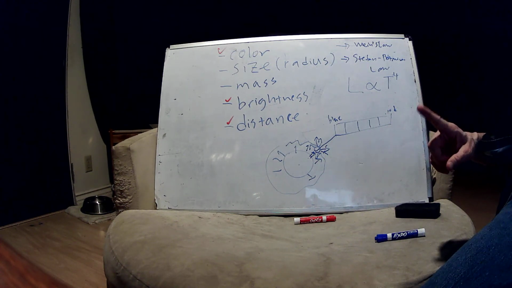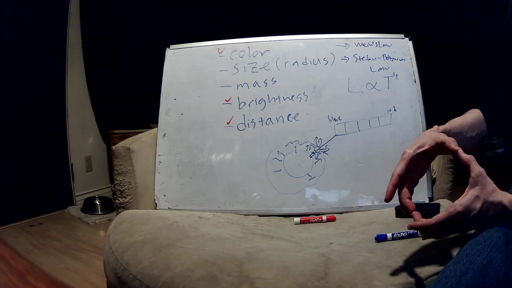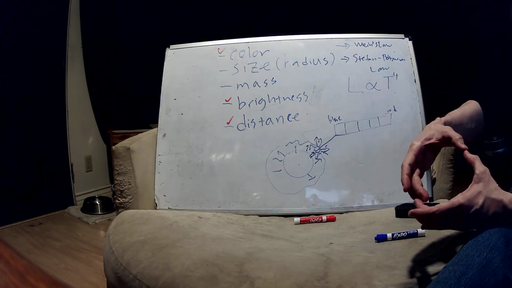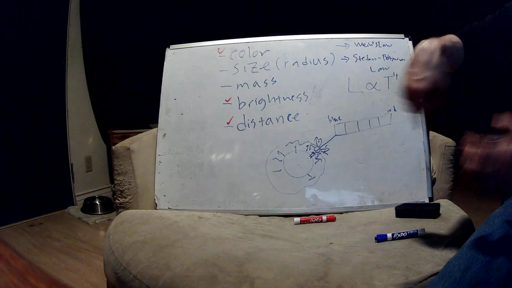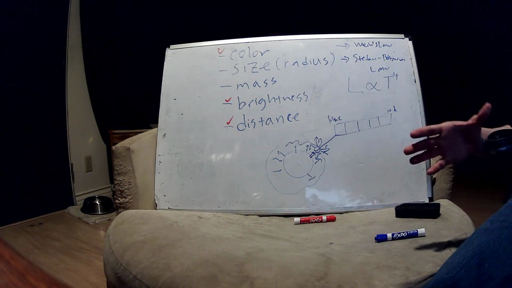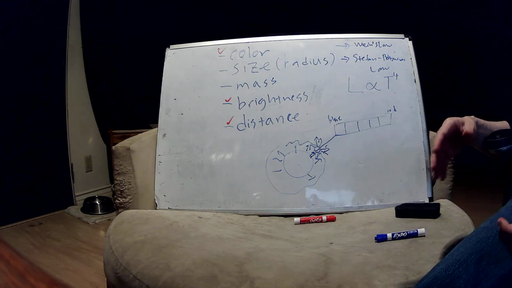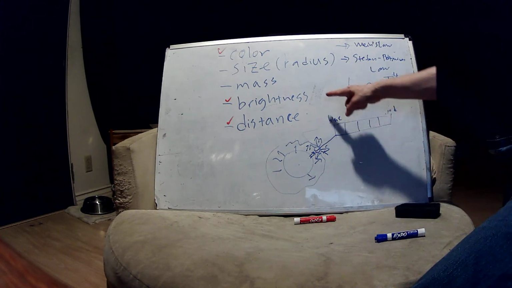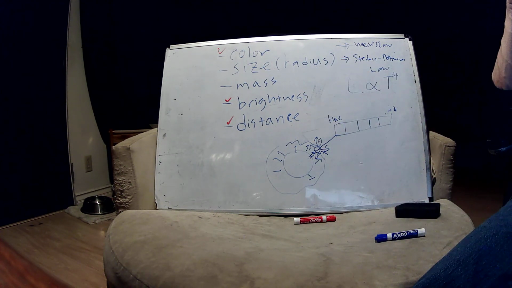But also, if you have a small stove, even if you turn it all the way up, it's not going to give off the same amount of light as the big stove, right? It has more surface area. And so the surface area of a star also would be able to tell us something about the amount of light that it's going to give off, its intrinsic brightness.